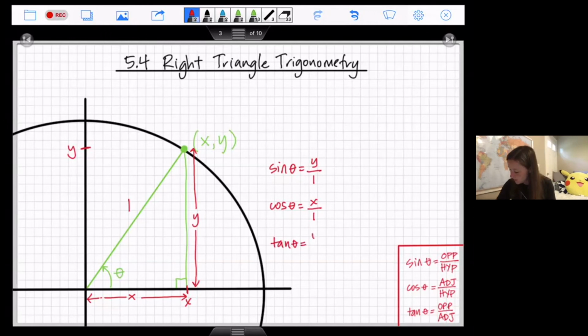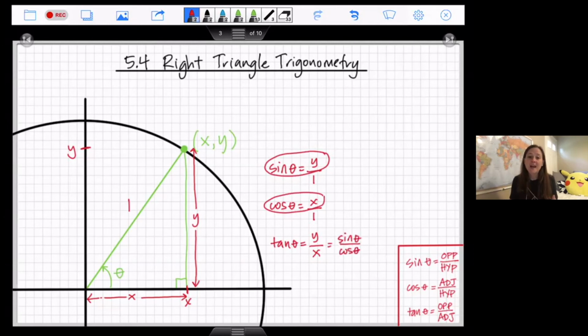So that would be my y over x. Okay, those are exactly the definitions of sine and cosine and tangent that we had with the unit circle, right? Sine is equal to the y coordinate, cosine is equal to the x coordinate, and tangent is then equal to sine over cosine. All right, these are exactly the same trig functions. We've just put them into right triangles.